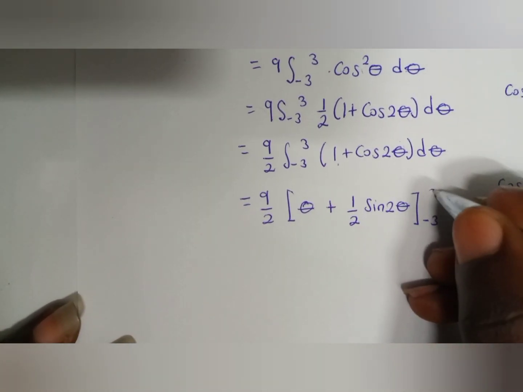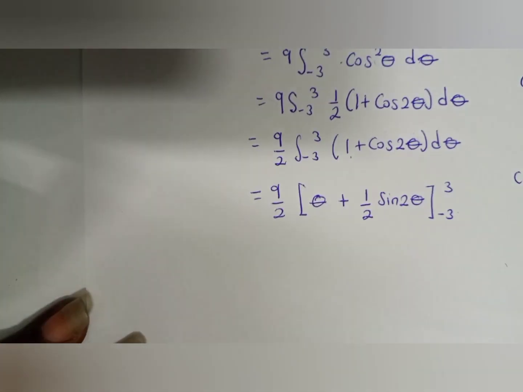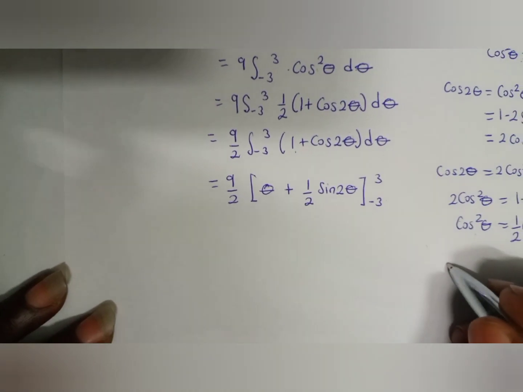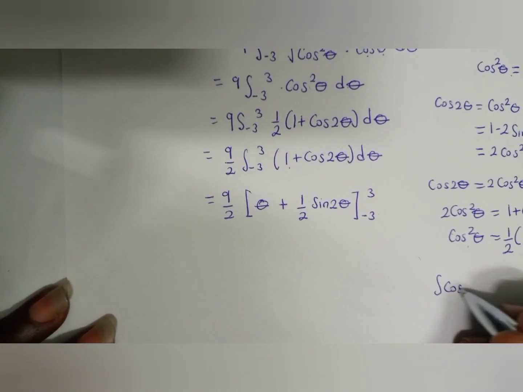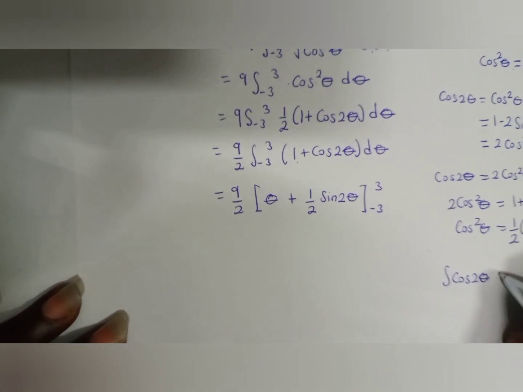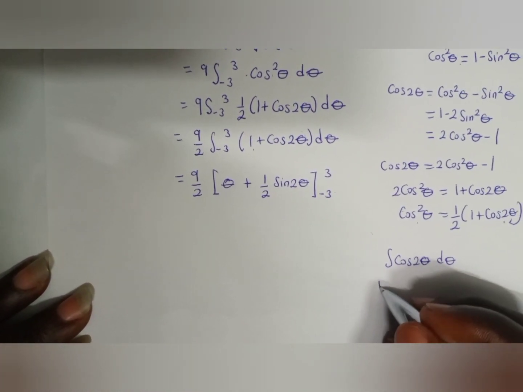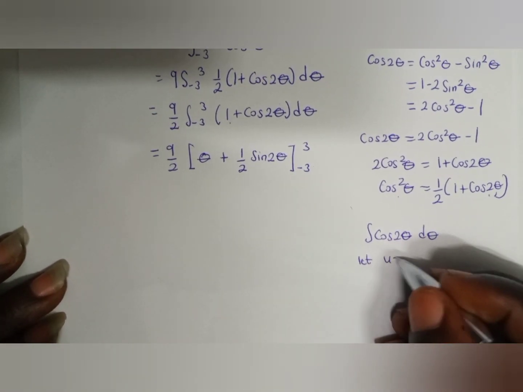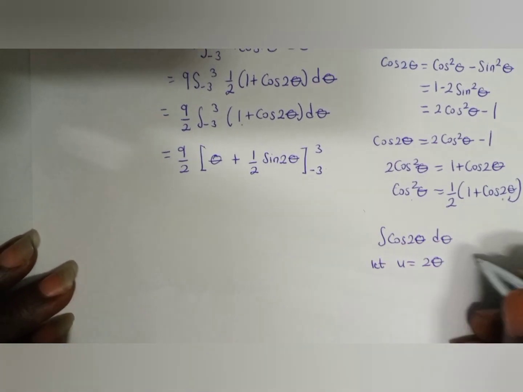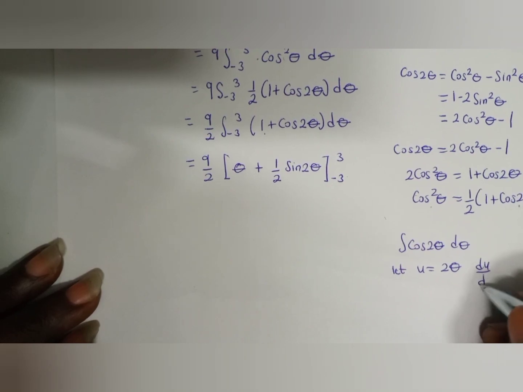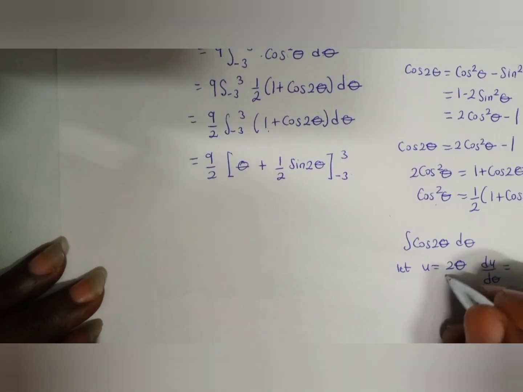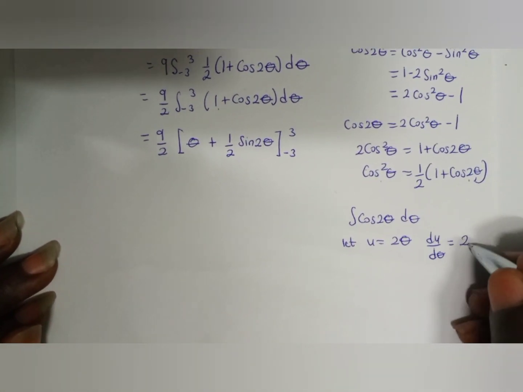From negative 3 to 3. This is coming from, if you want to integrate cos 2 theta d theta, we can let u equals 2 theta. So du over d theta will be equal to 2.